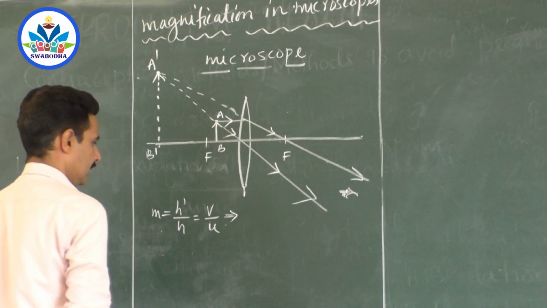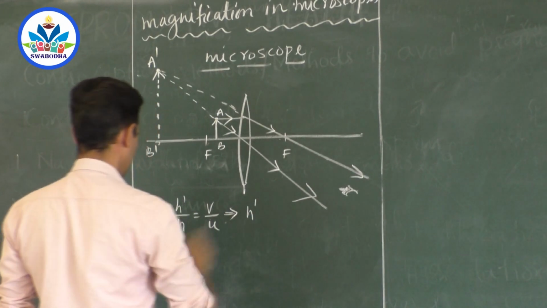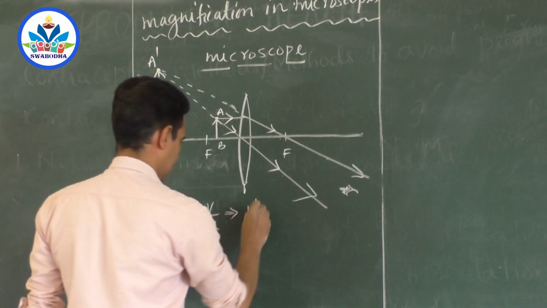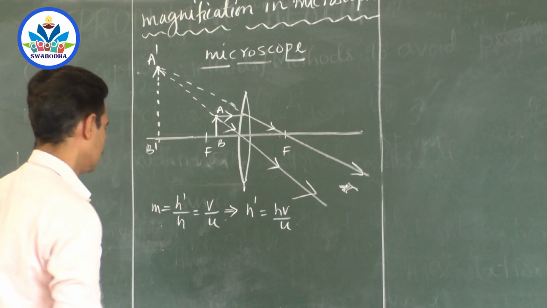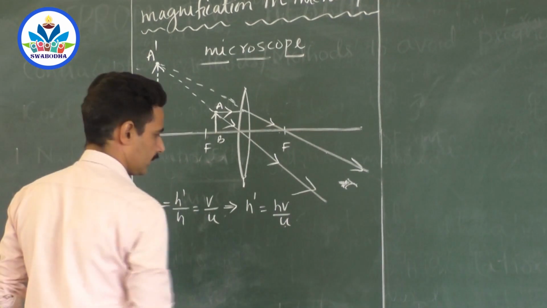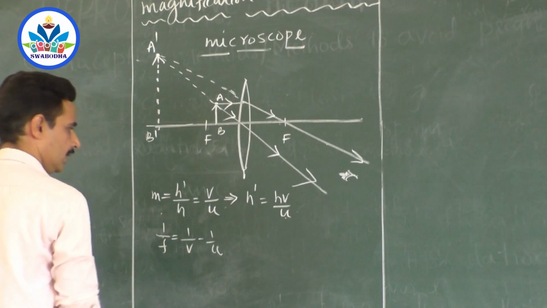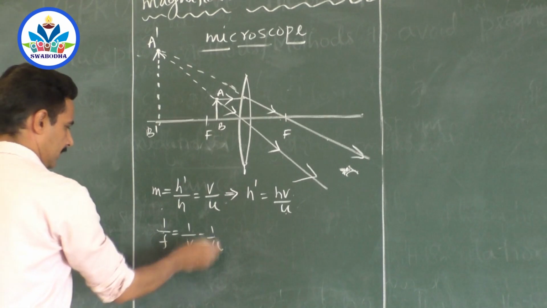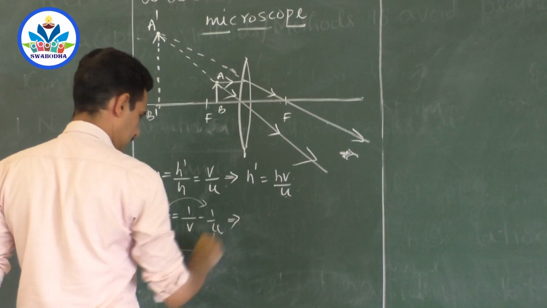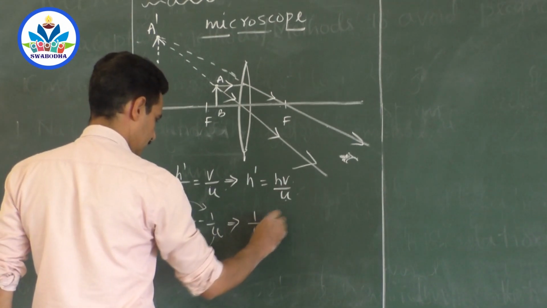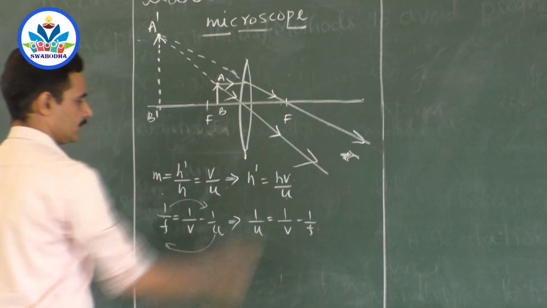That comes to be H dash is equal to HV by U. And here, if you want to know the magnification, you can substitute for U, because you know the lens formula, 1 by F is equal to 1 by V minus 1 by U. Let us substitute for 1 by U. We did this in the previous class. 1 by U is equal to 1 by V minus 1 by F. So let us substitute it here.